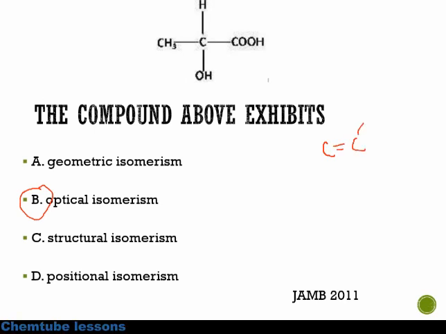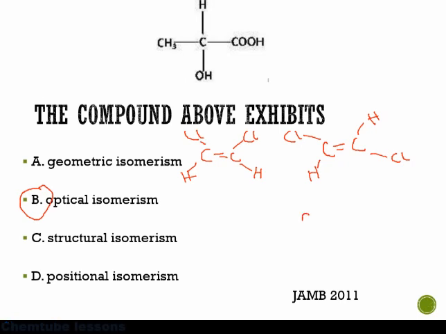For example, you have Cl, Cl, H, H, with C and C in the middle. So this is geometric isomerism, which occurs in compounds that have a double bond.